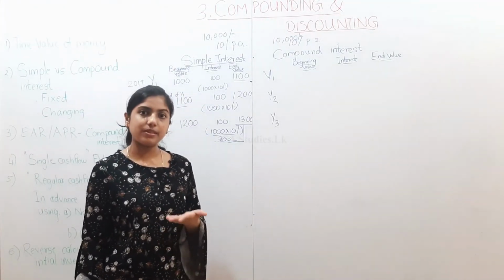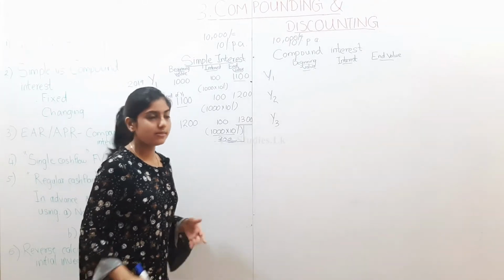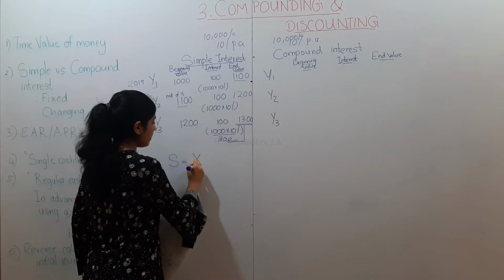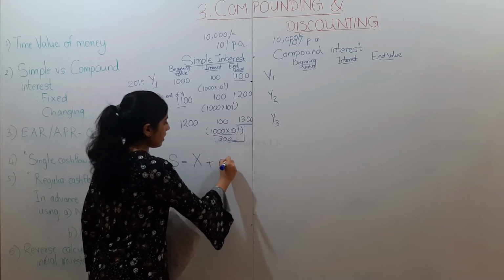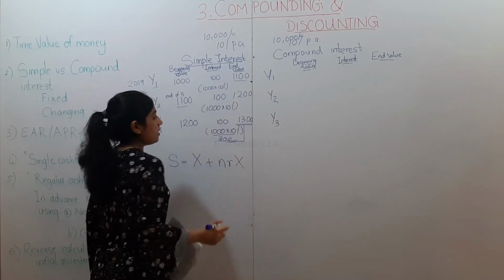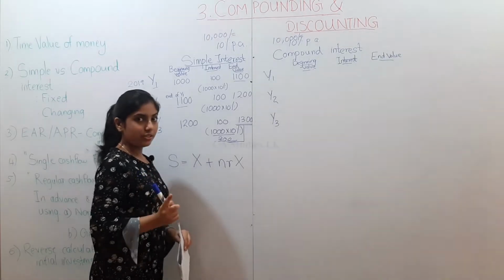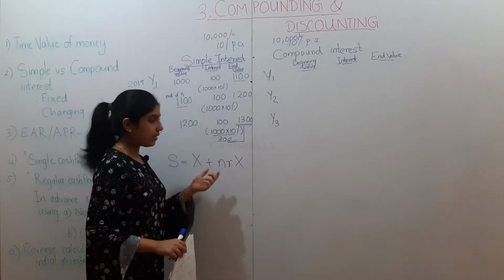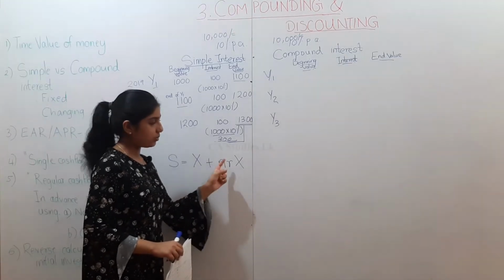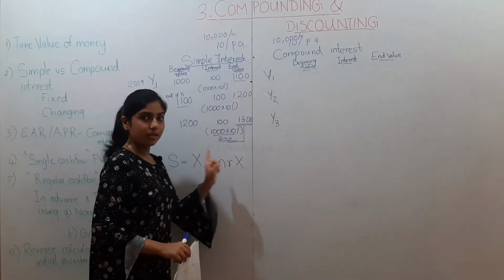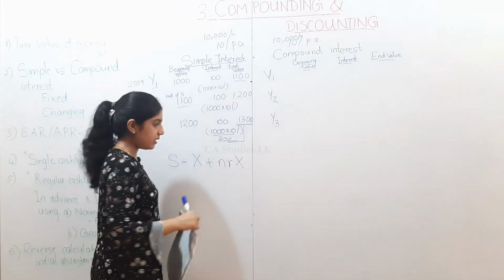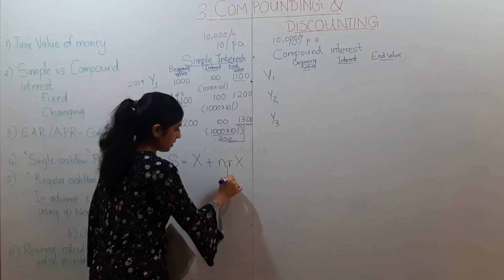You can straight away apply the formula, which is S equals x plus nRx. In chapter 2 I mentioned if three components are represented like this without a sign between them, what will be the sign? It is assumed to be a multiplication.